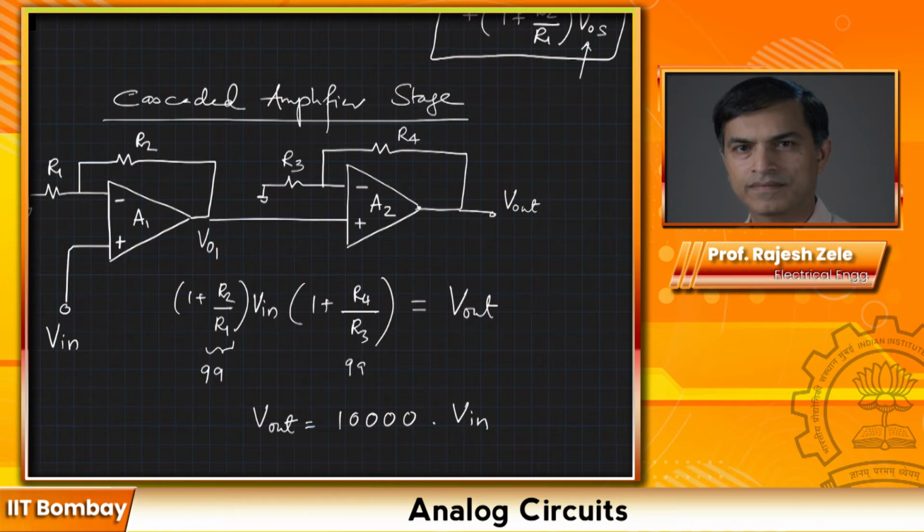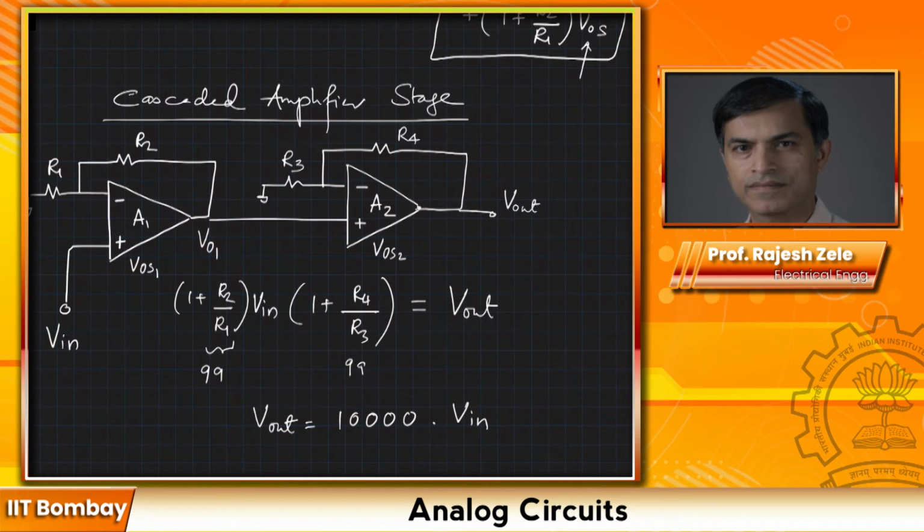Now, key thing to note is each amplifier will have its own offset voltage, but offset voltage of each amplifier will not be same even on the same chip because they are made with different devices. So amplifier A1 may have VOS1, amplifier A2 will have VOS2, something like that. And they could be positive, negative, depending upon the devices which are actually used to implement those amplifiers.